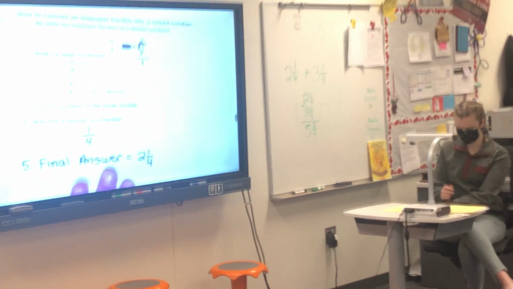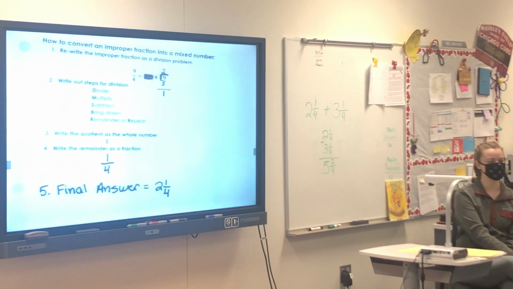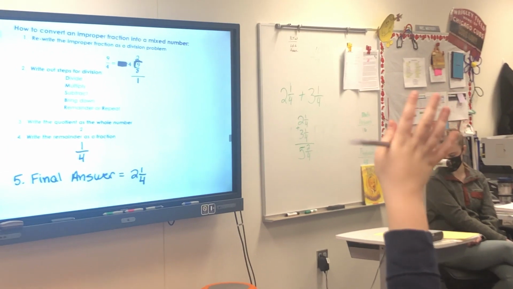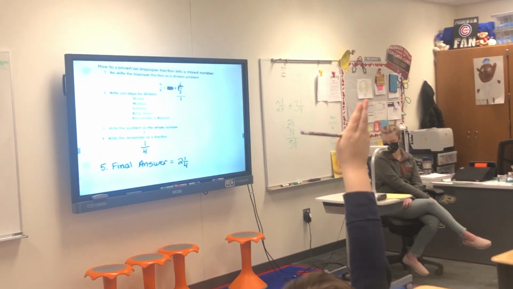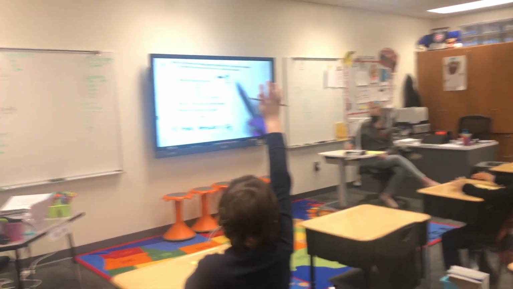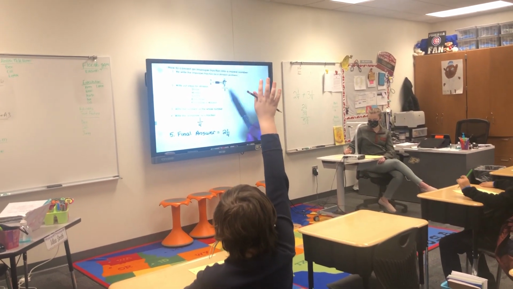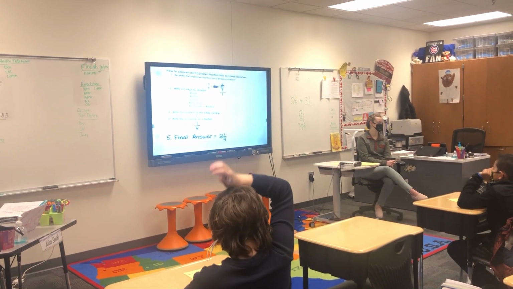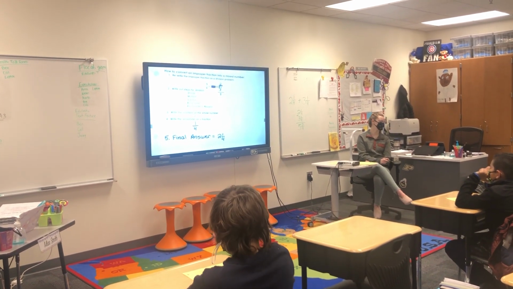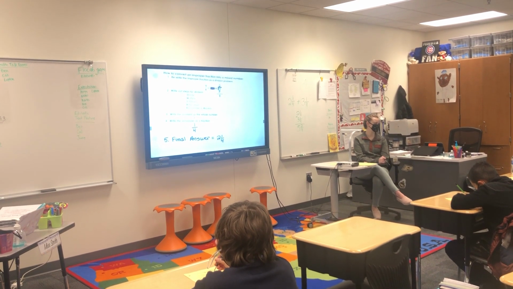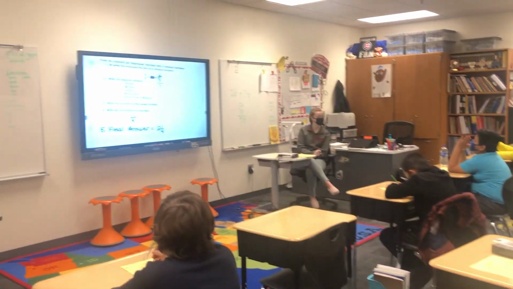All right. So now what? We divided and we found that 4 goes into 9 2 times. We multiplied 4 times 2, that gave us 8. So then we subtracted 9 minus 8. Now we're left with a 1. Now what, Jalen? What did you say?